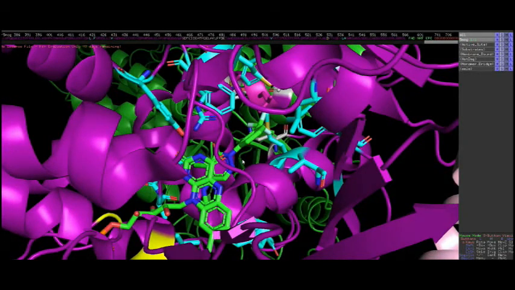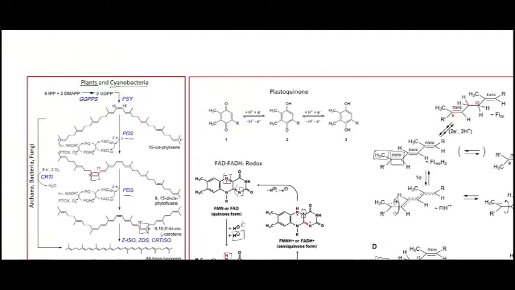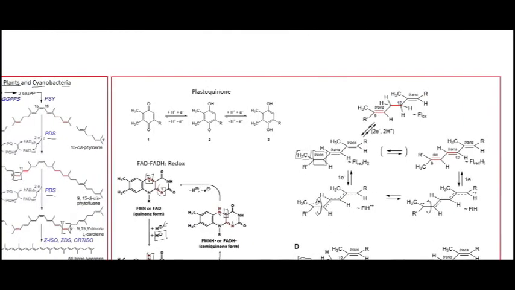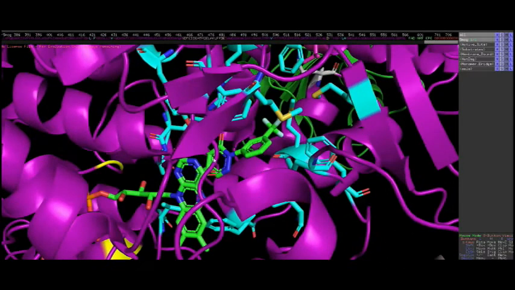It is called norflurazon. I didn't put a molecular structure in here, but we can see the molecular structure in this.